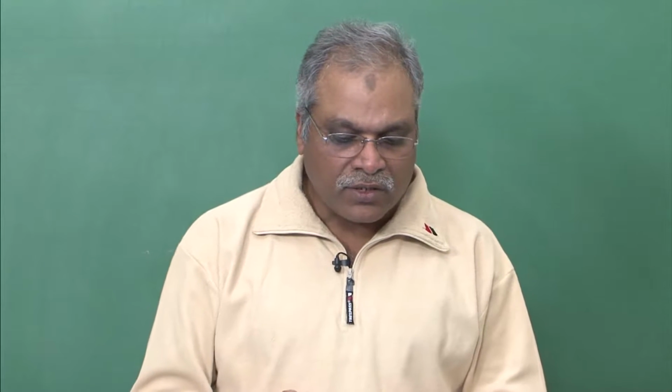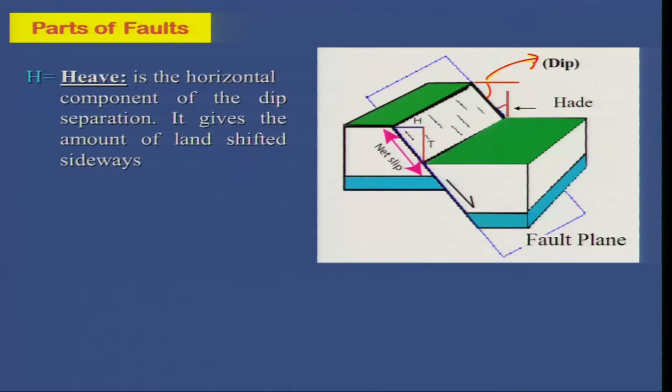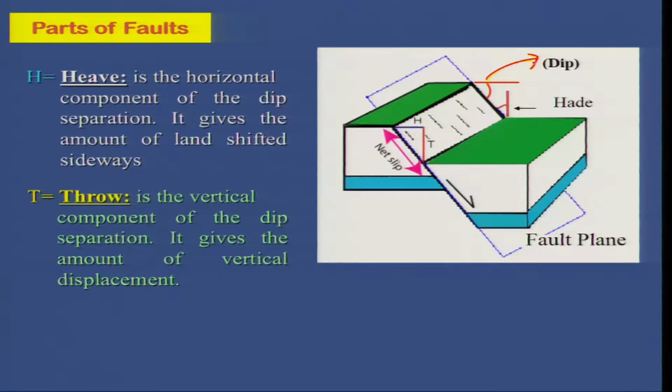So, this is a horizontal separation, which gives the amount of land shifted sideways. Then we have the throw, given here by T, the vertical component of the dip separation, and that gives how much the land has moved vertically.